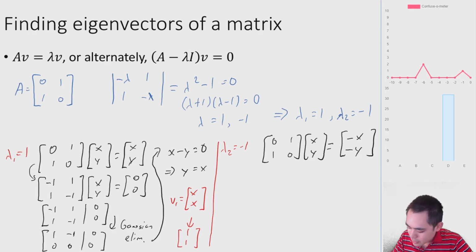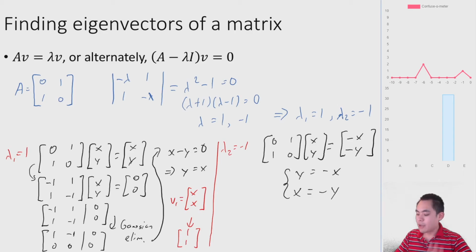Let me write it out in system of equations form. This means that y is equal to minus x and x is equal to minus y. Okay?